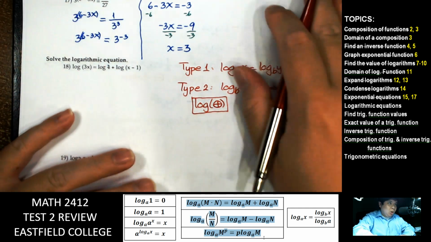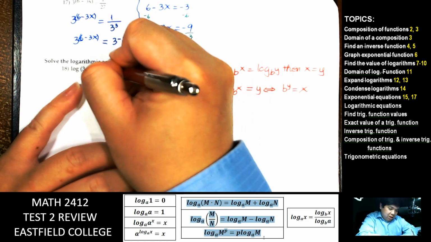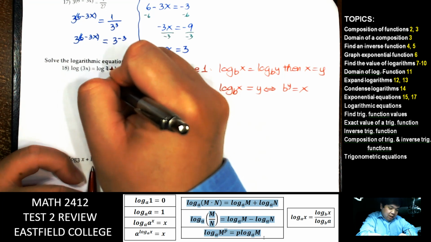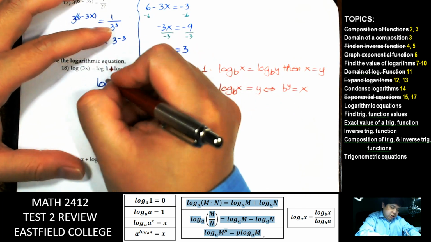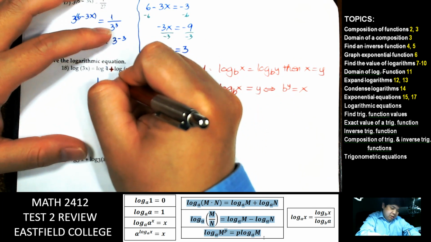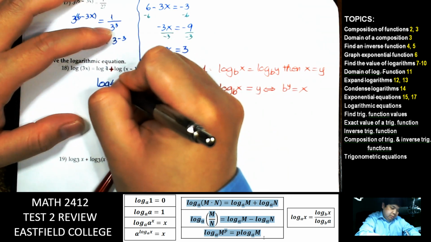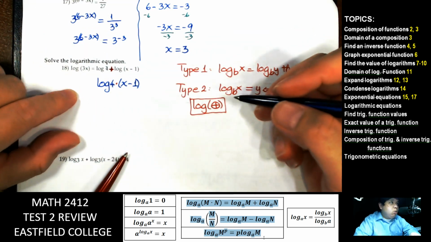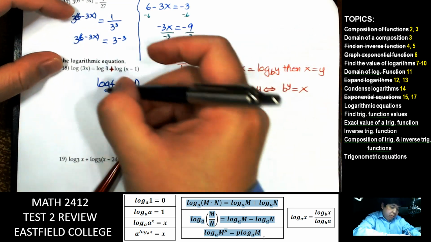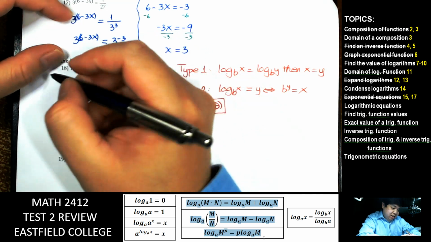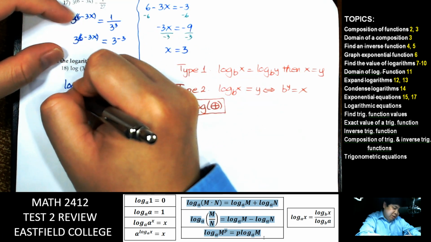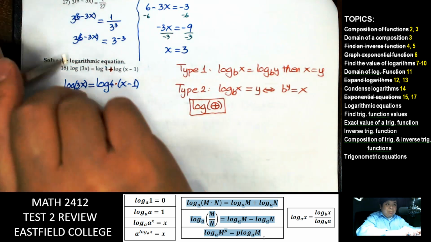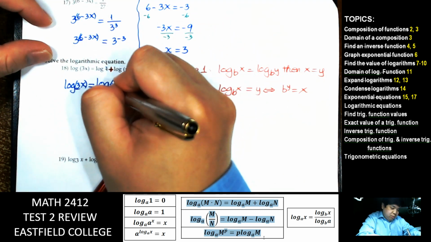We saw that already. First, we have a plus sign here, meaning that it is going to be multiplying. By the way, in this problem we do not have the base of the log, which means this is base 10. Let's put the base 10 here.